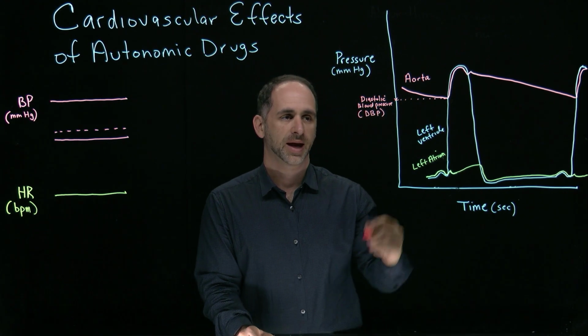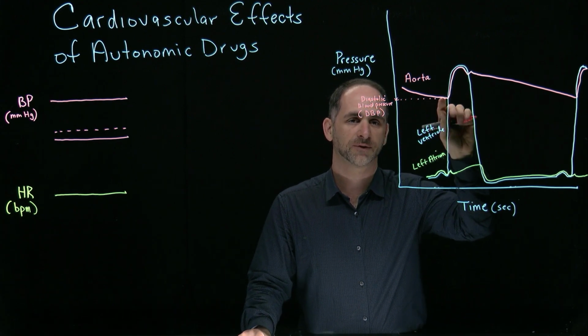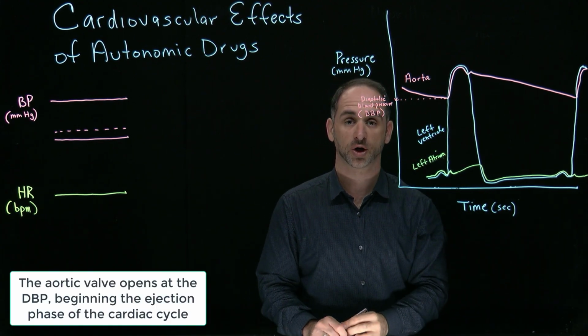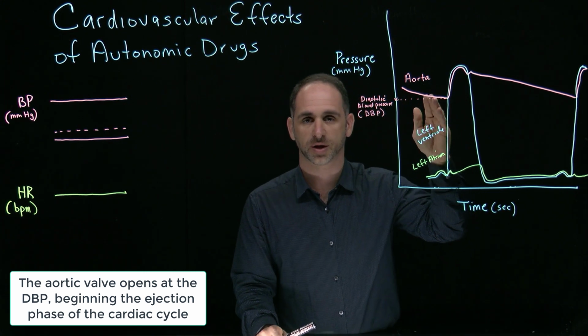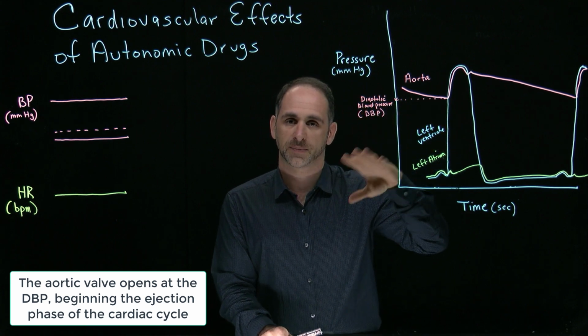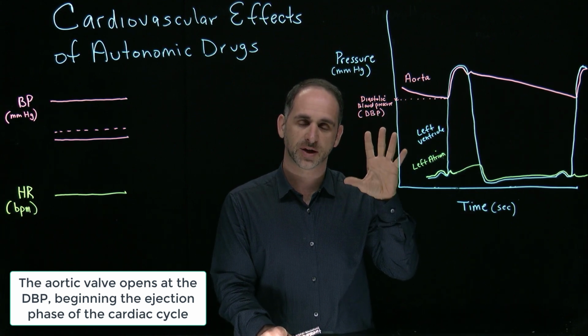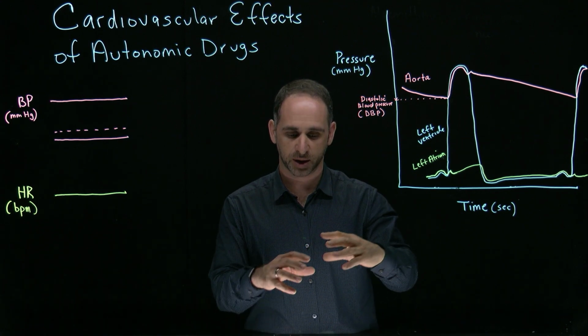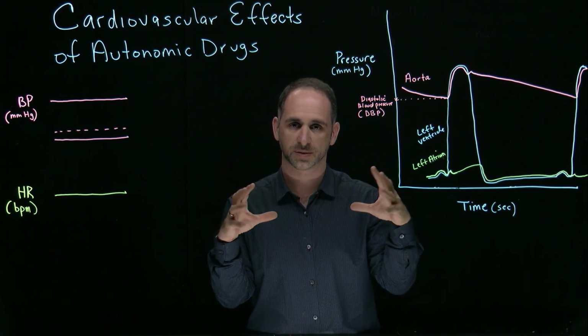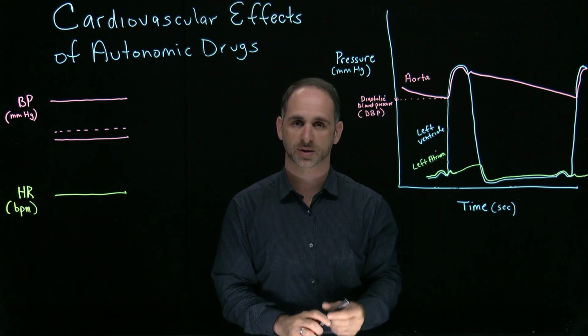We also see that after the aortic valve opens, which would occur right there where the left ventricle pressure exceeds the minimum aortic pressure, that valve opens up and that begins ejection. The ventricle ejects blood into the aorta, and the aorta expands with that bolus of blood, and the pressure rises accordingly.